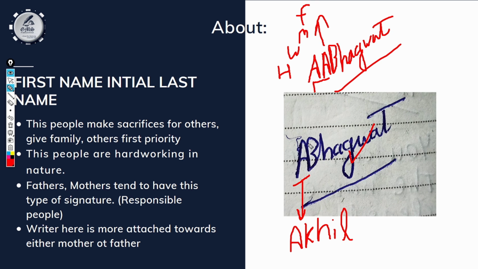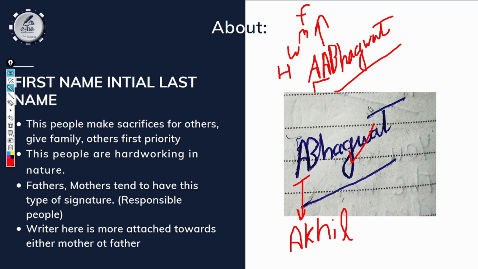They are independent people as well, yet they are hardworking in nature. And these people are responsible people. They accept the responsibilities, be it about themselves, their own life, family's life, or about others. If they are running a company, like a CEO or founder, they accept the responsibilities.